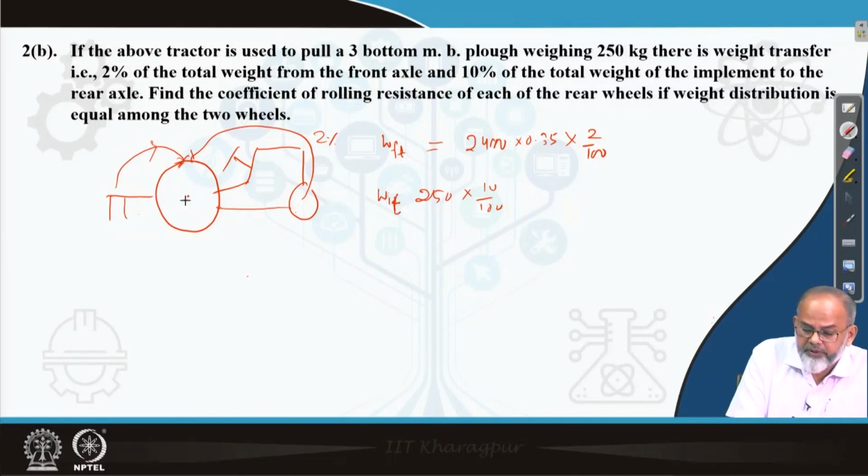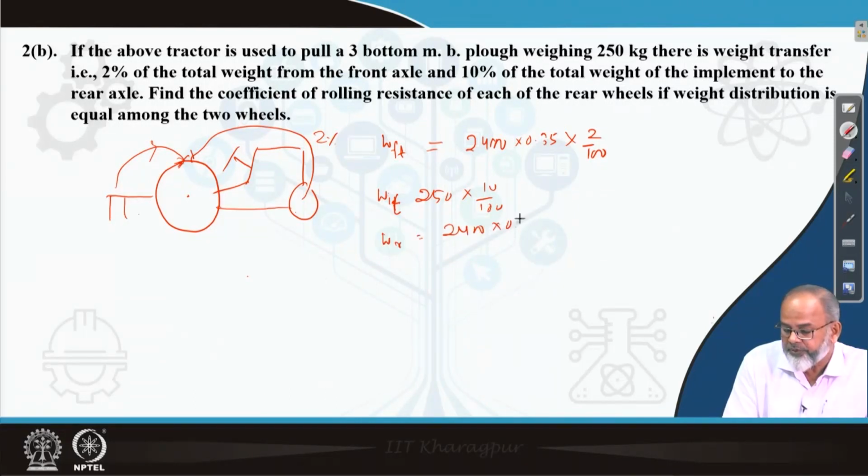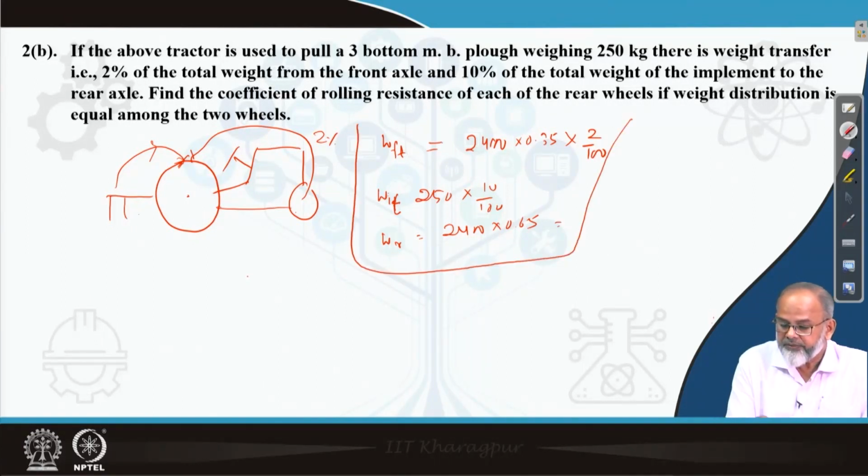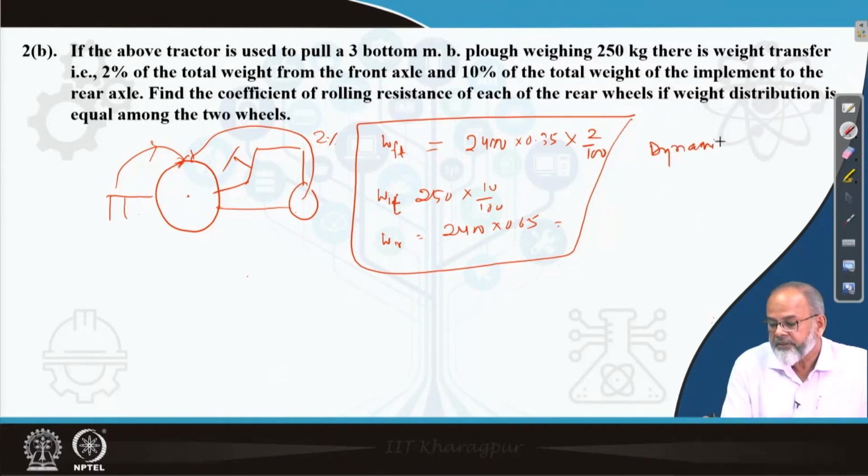Now, the weight on the rear axle is already there, which is nothing but 2400 into 0.65. So, the summation of these three will give you the dynamic weight coming on the rear axle.